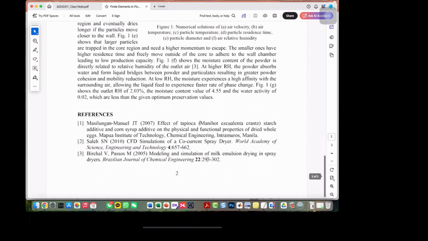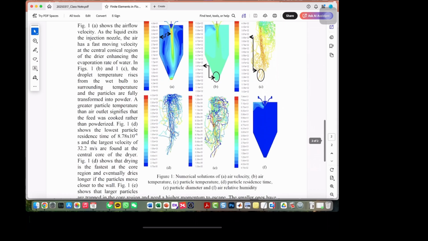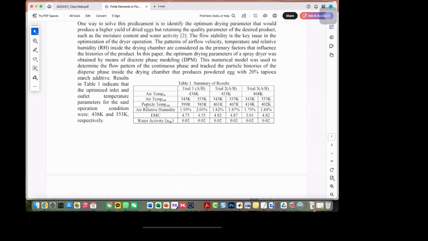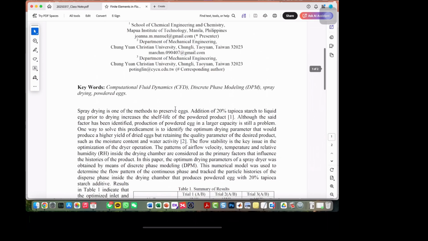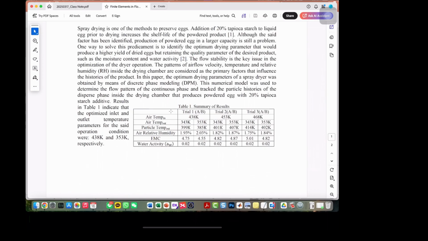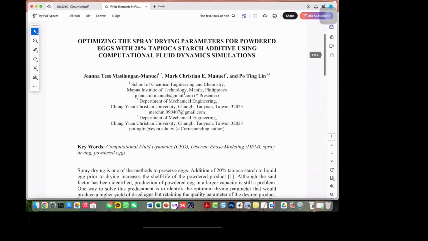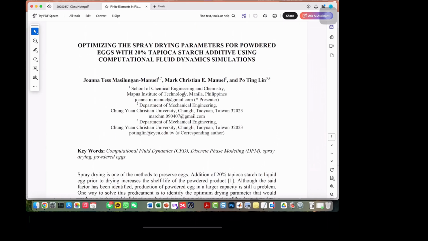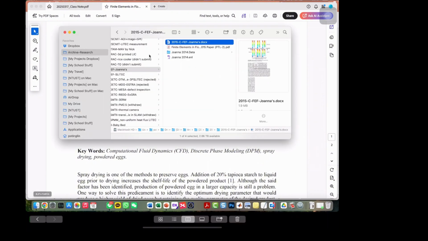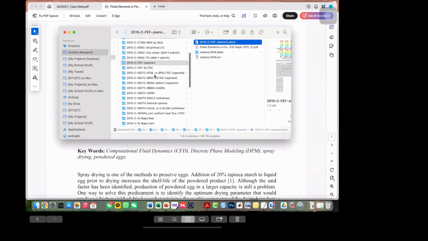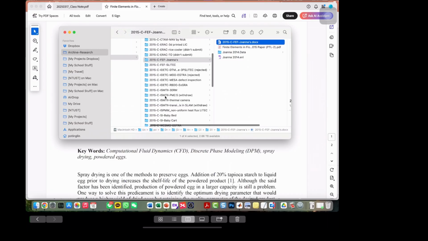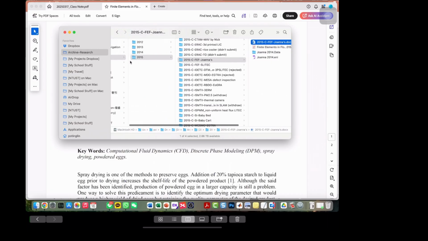Yeah. So at the end, she did optimization. There are different, I think, control temperature, control speed, and then you have production performance, something like that. Let me see what else I can share with you.